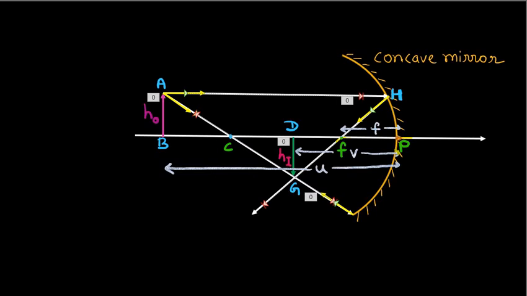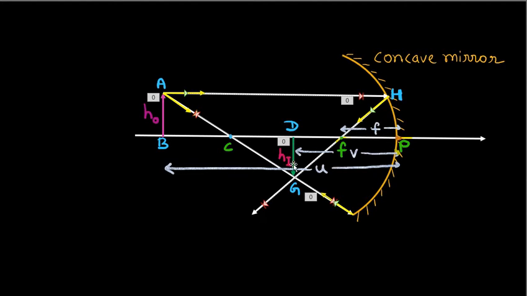Before deriving, let us be introduced to the labelings of the diagram and the physical quantities which are involved in the derivation. Let point P be the pole of the mirror, F represent the principal focus, C represent the center of curvature. Let AB be the object of height h subscript O, DG be the height of the image, that is h subscript I. The distance between F and P is the focal length.